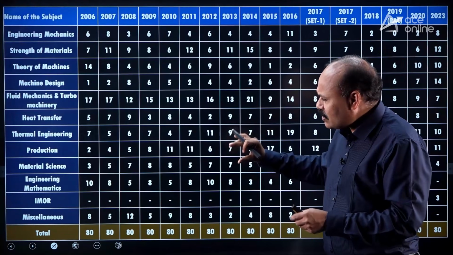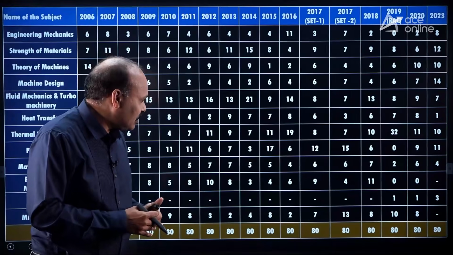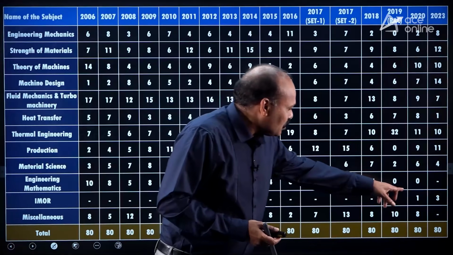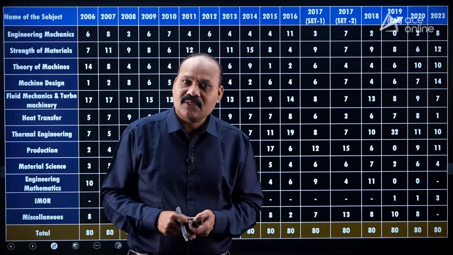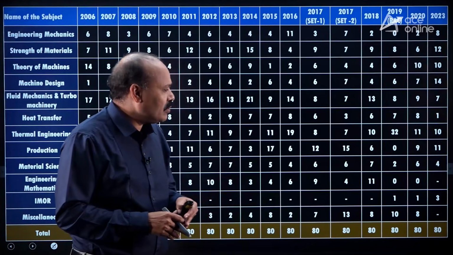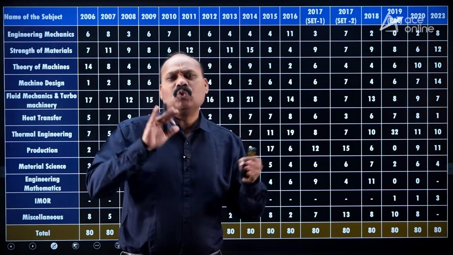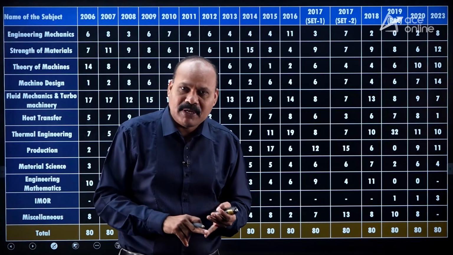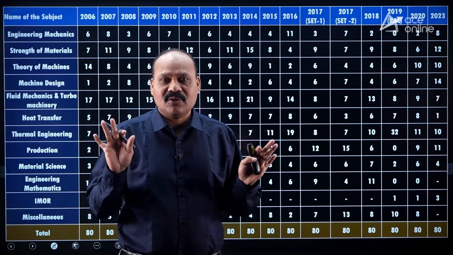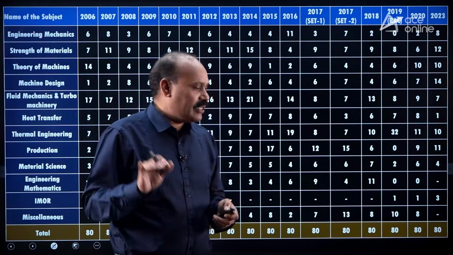If you see the specific IM and OR, Industrial Management and Operations Research, in 2023, there were 3 questions. So it is understood that in the recent paper, this subject has weightage. Only 2-3 topics the examiner is focusing on: CPM and PERT, break-even, and inventory control. If you are able to cover those 3 headings, it is more than sufficient.